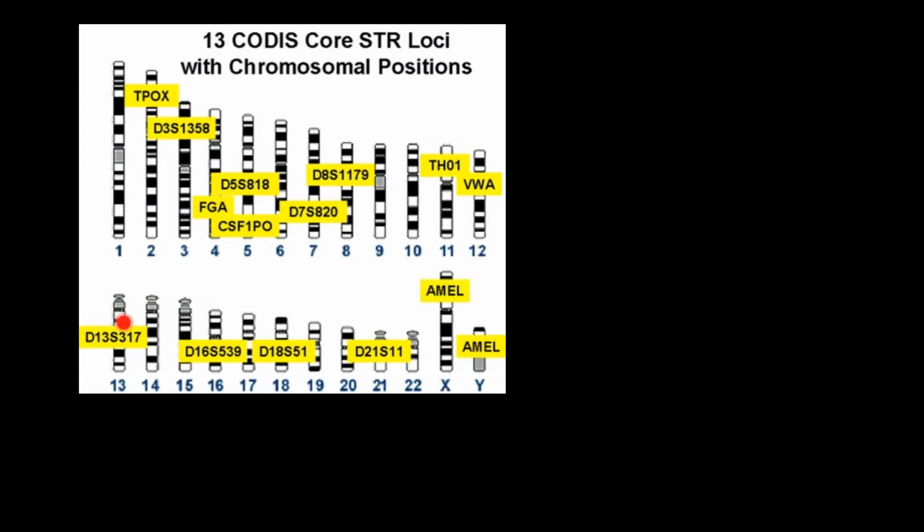If you count all the loci, you would find that there are not 13 but 15. But for the last two, we analyze just whether a person is male or female, so we don't have a variable number of tandem repeats here. We have just a deletion and a full version of the allele.